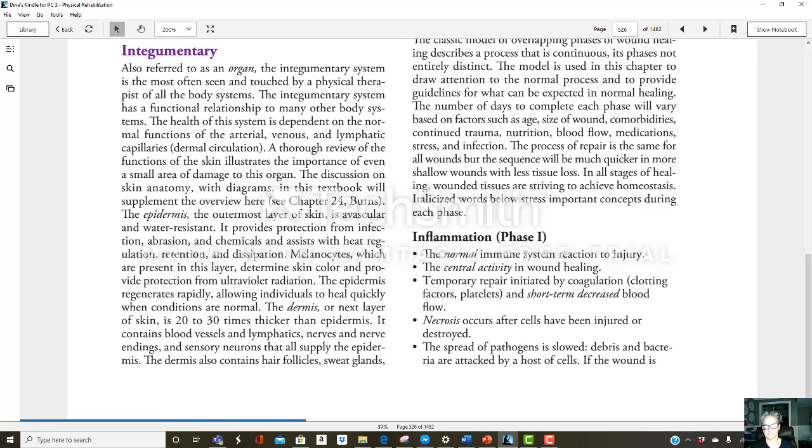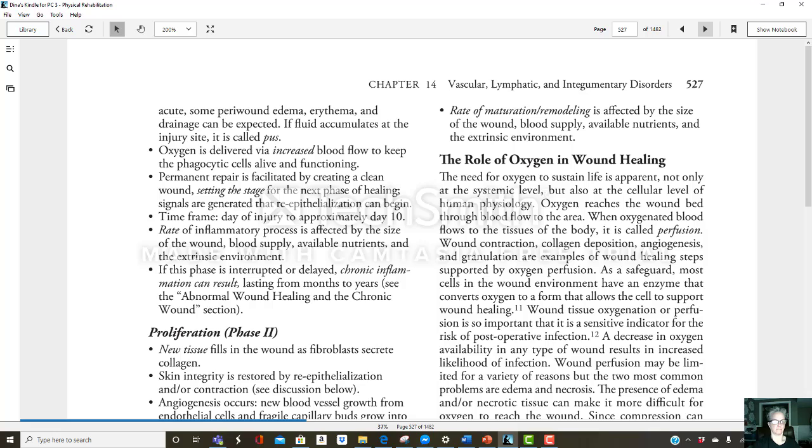The central activity in wound healing. Temporary repair initiated by coagulation clotting factors, platelets, and short-term decreased blood flow. Necrosis occurs after cells have been injured or destroyed. The spread of pathogens is slowed. Debris and bacteria are attacked by a host of cells. If the wound is acute, some peri-wound edema, erythema, and drainage can be expected.